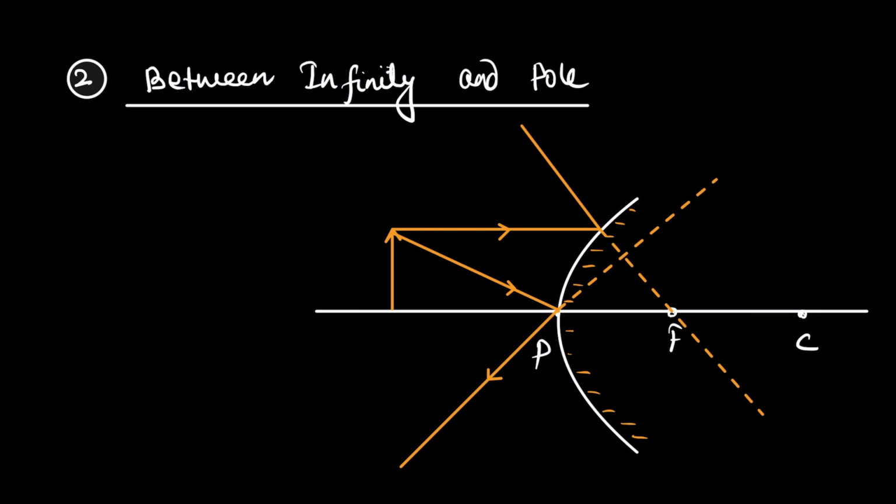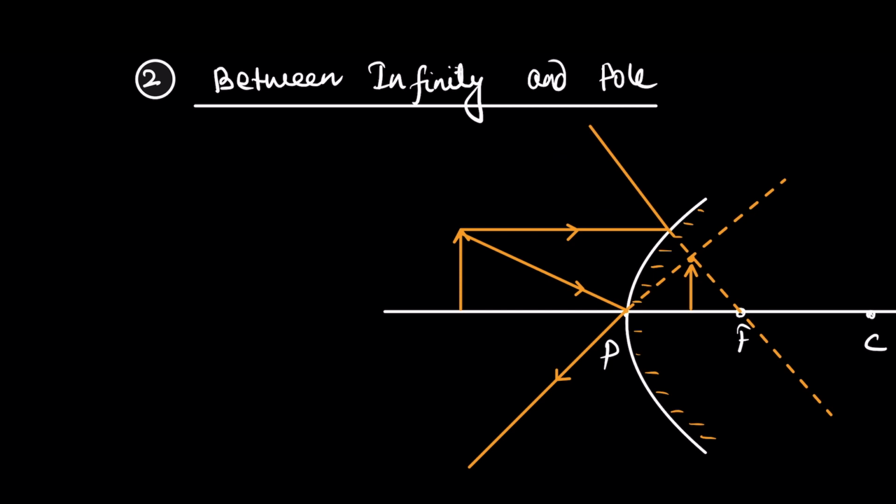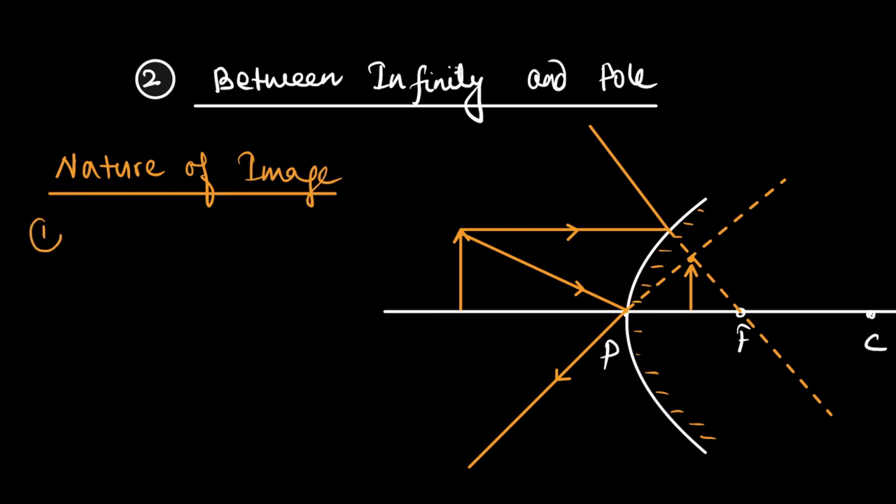So what we noticed, both the reflected rays are meeting behind the mirror and the size of image is diminished and it is between P and F. So that is our nature of the image. So nature of image: first, it is diminished.